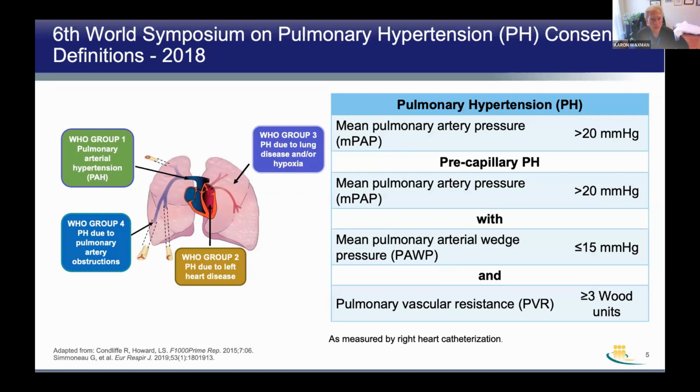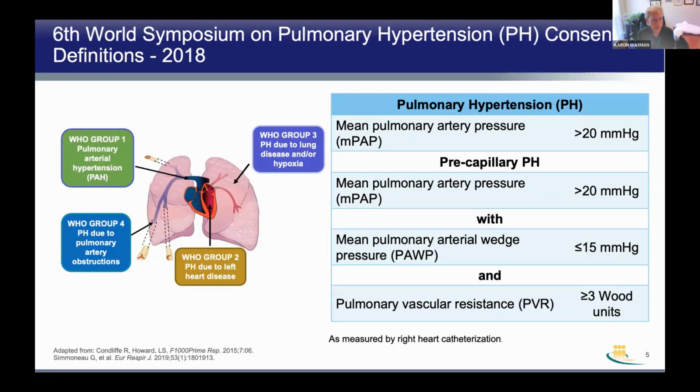These are the current definitions of pulmonary hypertension. As mentioned, it's a pulmonary artery pressure greater than 20 on a right heart catheterization. We can also think of it in terms of pre- and post-capillary disease based on the pulmonary capillary wedge pressure being less than or equal to 15 to call it pre-capillary or greater than 15 to call it post-capillary.